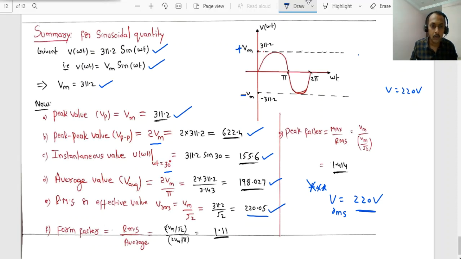So form factor, RMS value by average value, for sinusoidal is 1.11, and peak factor, maximum value by RMS value, is 1.414. This is the summary of the different terminology.